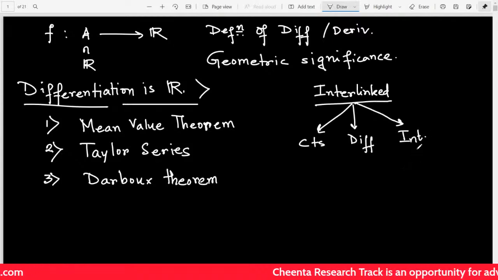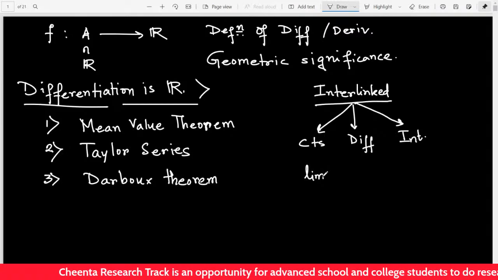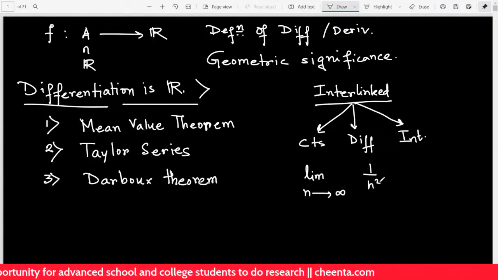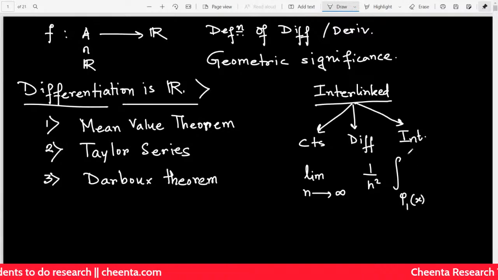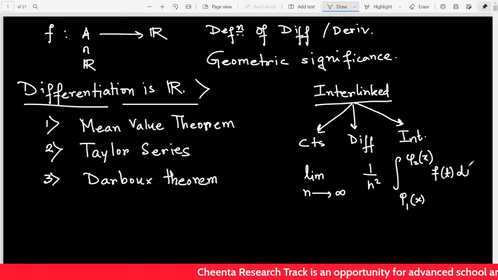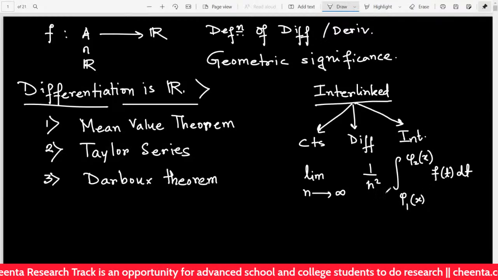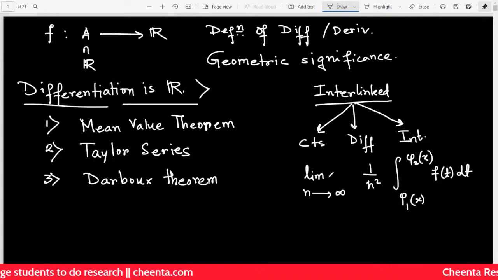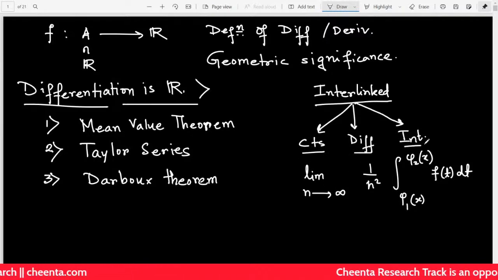One example, if you have looked at previous year questions, is something like this: limit n tends to infinity, 1 by n square integration, with two functions given, let's say phi1 x, phi2 x, of f of t dt. So what will happen to this limit? These types of questions actually take on all these three things.